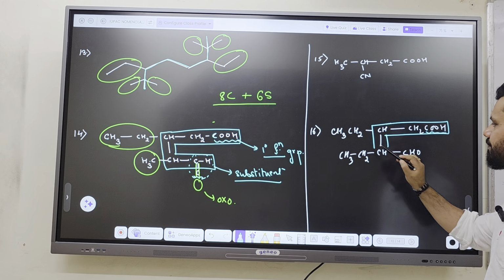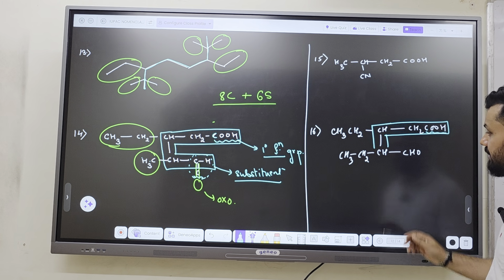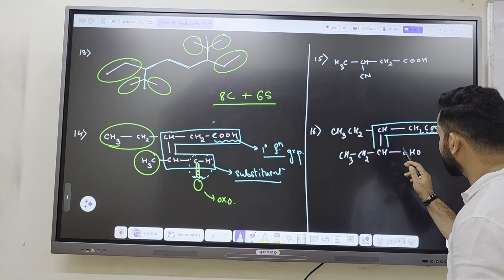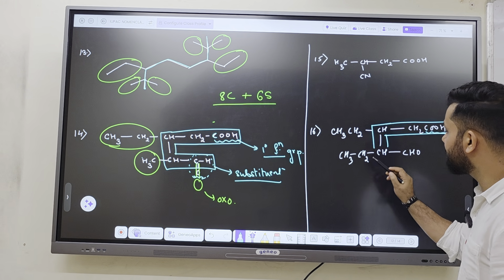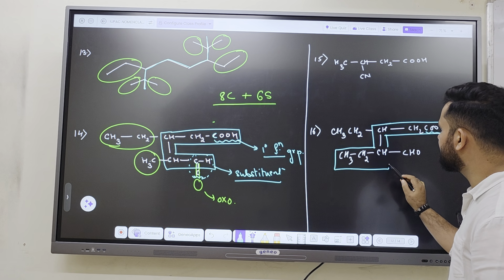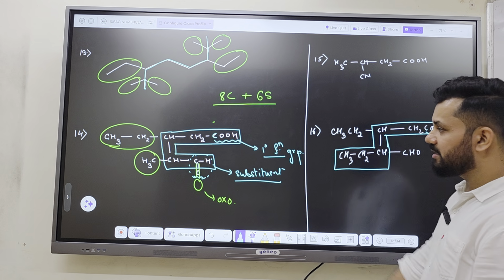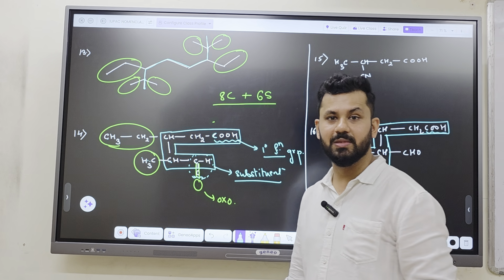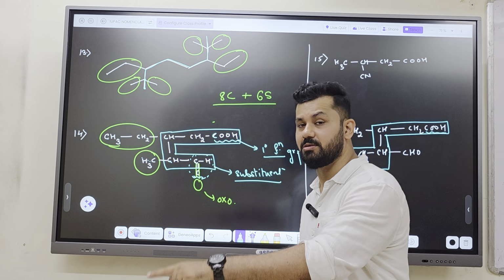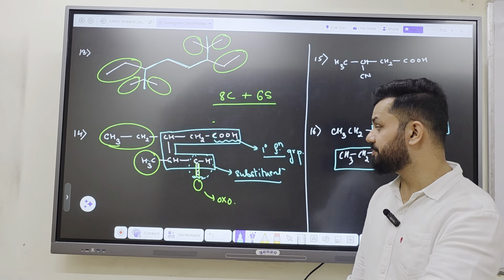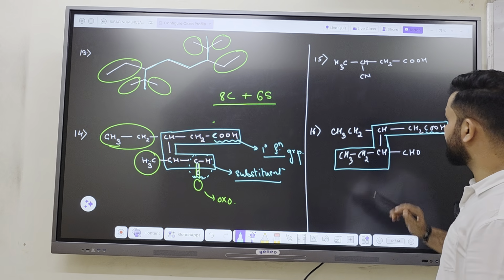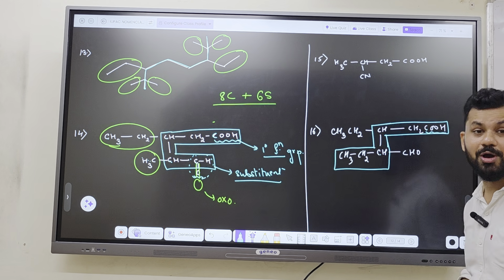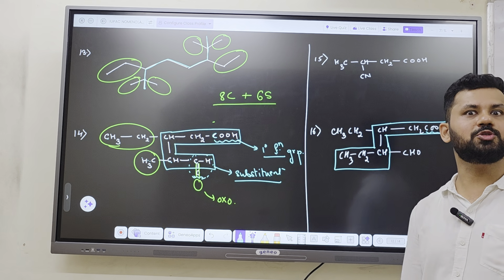You know now already why. Now pay attention here. If I turn left, I encounter 2 carbons. If I turn right, I encounter only 1 carbon. In which case, I will turn left. In the previous example, if you had to turn left or right, you would end up with only 1 carbon. That's why you had to move to the next priority, which is number of substituents. But here that's not the case. Here if you turn left, you have 2 carbons. If you turn right, you have 1 carbon. So we'll definitely choose 2 carbons.